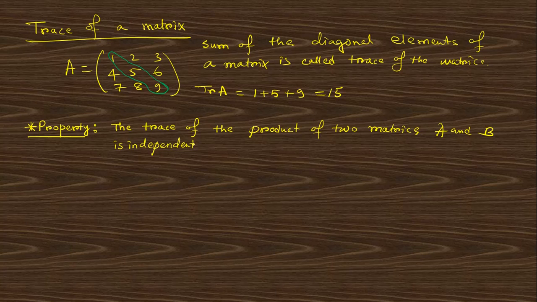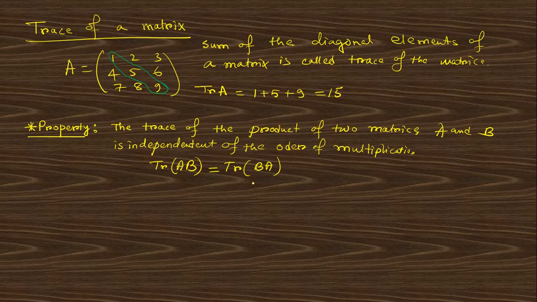independent of the order of multiplication. That means the trace of AB, if we multiply the A matrix with the B matrix and then find the trace, is equal to the trace of BA.